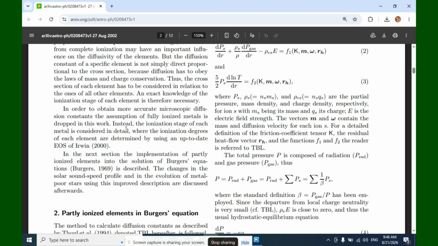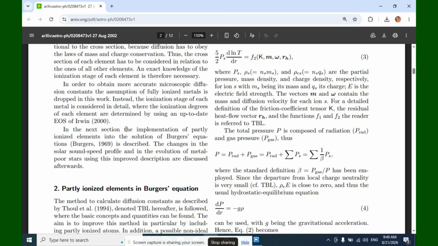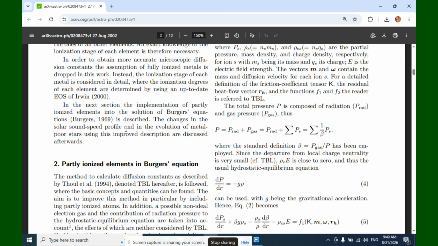The total pressure P is composed of radiation pressure, P_rad, and gas pressure, P_gas. Thus, we have P is equal to P_rad plus P_gas, which is equal to P_rad plus the sum of P_s, equal to the sum of P_s divided by beta, where the standard definition beta is equal to P_gas divided by P has been employed.